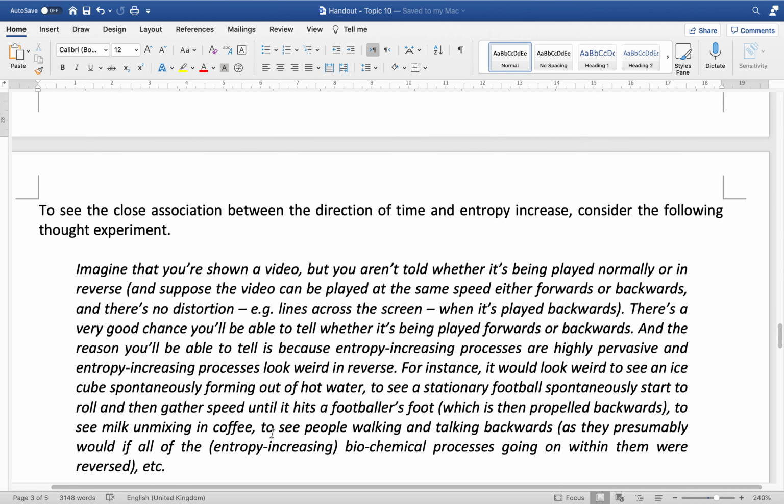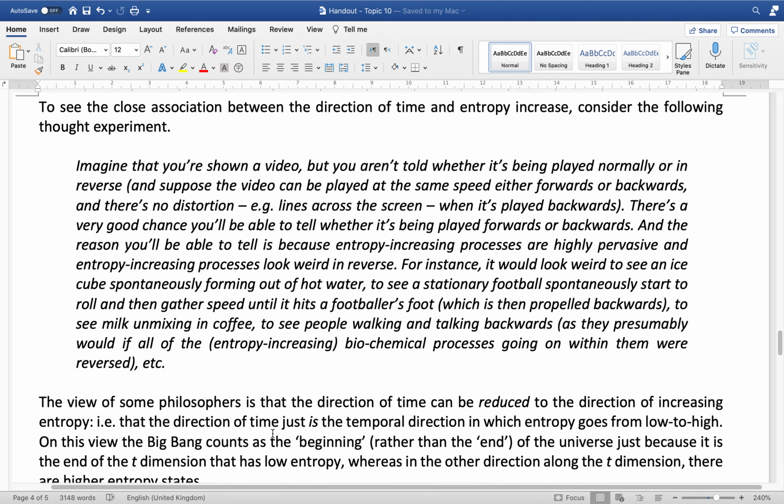So, in order to see the close association between the direction of time and the direction of entropy increase, you can consider a thought experiment. Suppose that a friend of yours takes a video and they're going to show the video to you, and they're not going to tell you whether they're playing it forwards or backwards.